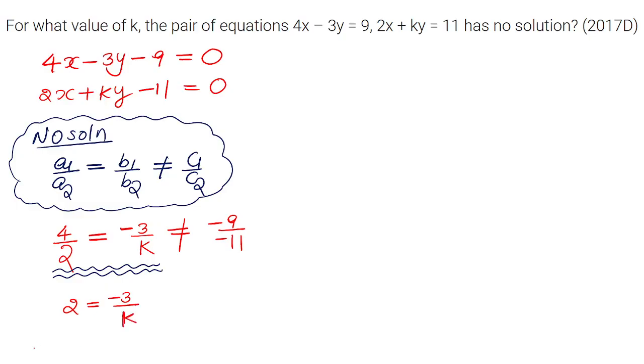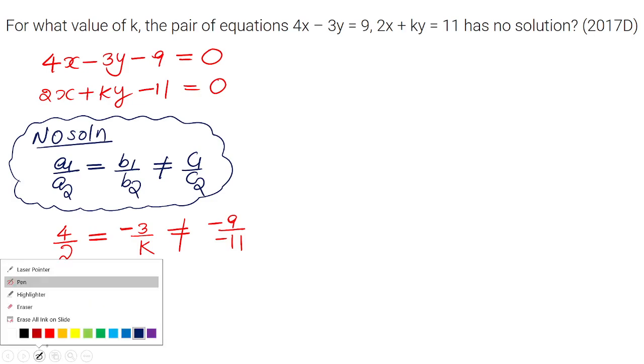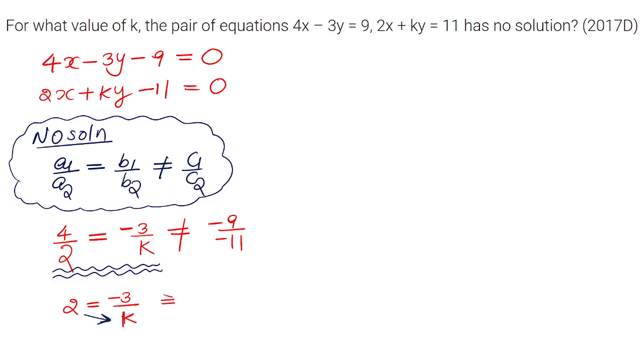So I have an equation. From the first and second I will get k. Do the cross multiplication like this. We get 2k equal to minus 3.